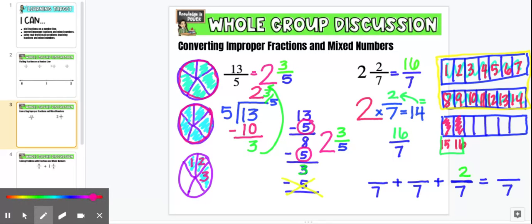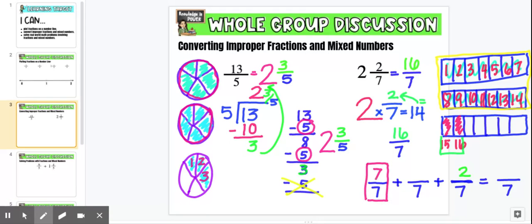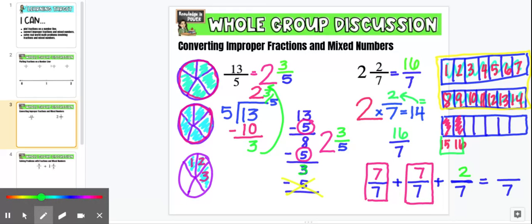And this whole right here is going to be a giant 1. It's going to be 7 sevenths. This also has to be a giant 1. So that's going to be 7 sevenths. So 7 plus 7 is 14, plus 2 is 16, which is ultimately what we did when we multiplied the whole number by the denominator. It's just a couple different ways to see it.